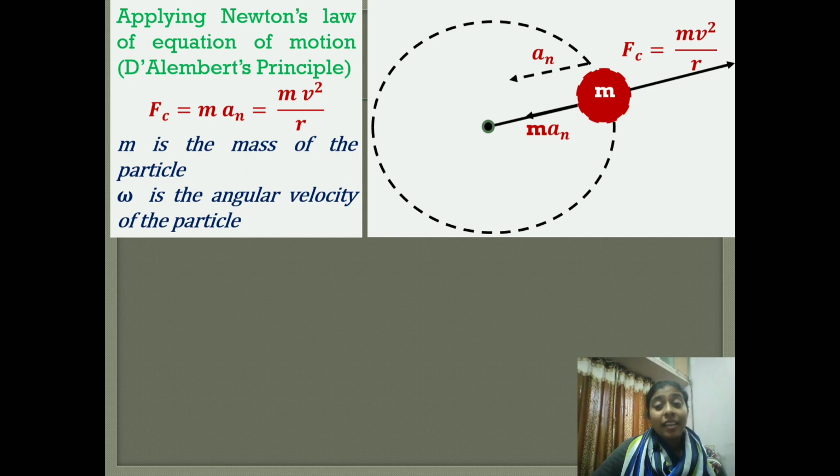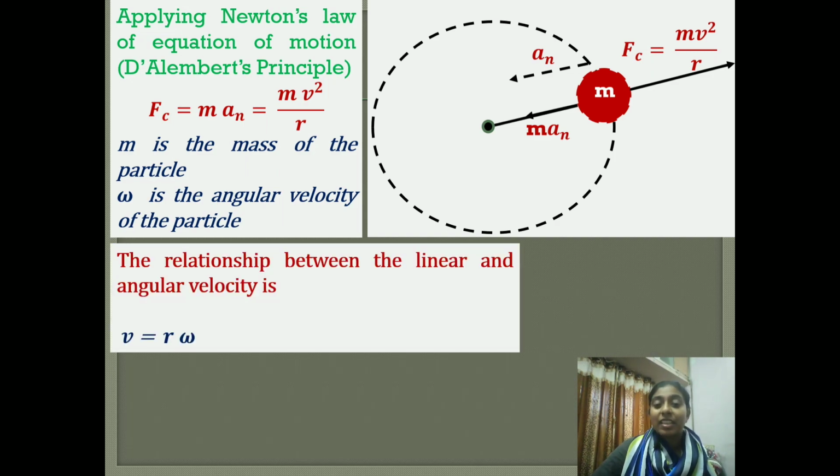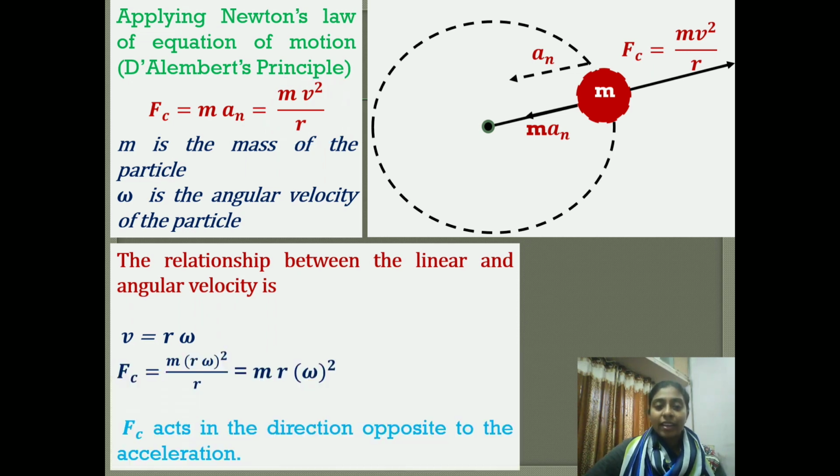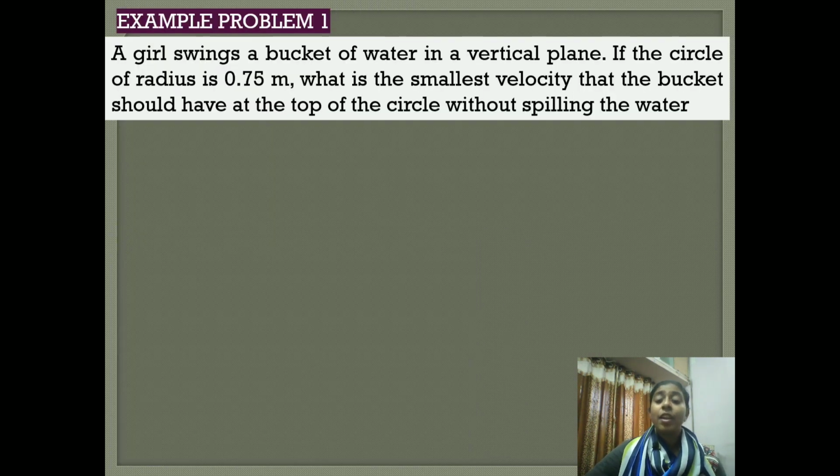Considering the angular velocity omega, the relationship between linear velocity and angular velocity is v equal to r omega. Substituting v equal to r omega in Fc equal to mv square by r, we get centripetal force Fc equal to m r omega square, and Fc acts in the direction opposite to that of acceleration.